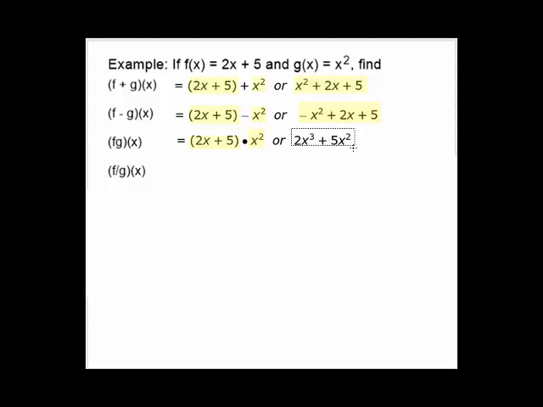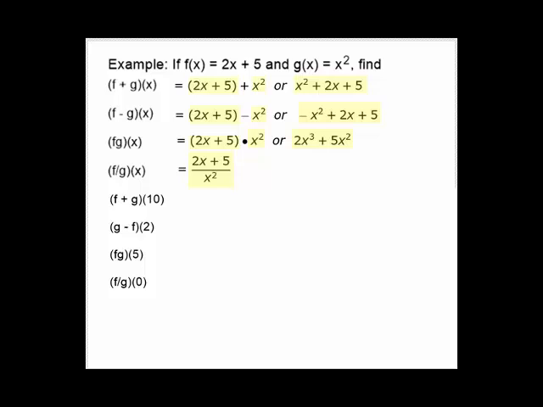And this simplifies as 2x cubed plus 5x squared. And then finally for f over g of x, we divide the formulas and we get the f of x formula divided by the g of x formula, which is 2x plus 5 over x squared, and that is defined as long as the denominator x squared is not equal to 0.